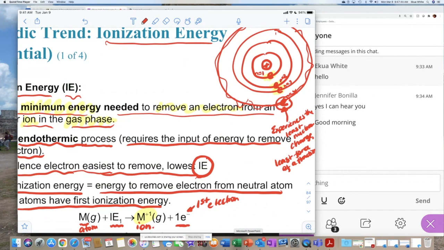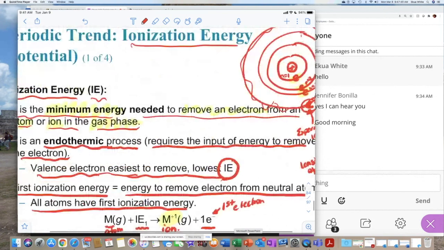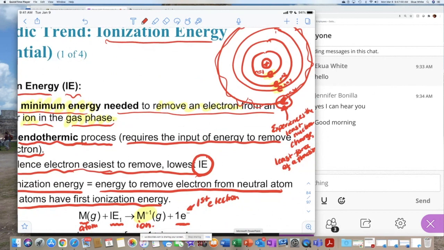Now, in reality, that's not what happens. Okay, but the second electron you're trying to remove is a lot closer to the nucleus. That's the reality, right? It's a lot closer to the nucleus, and it has a greater attraction because it experiences a much greater nuclear charge from the nucleus. For that reason, you are now competing, like you did the first time, with the nucleus to remove the electron. The nucleus is holding on stronger to the second electron, this one right here.